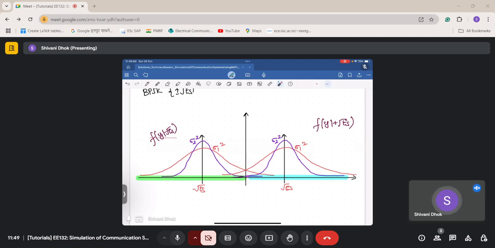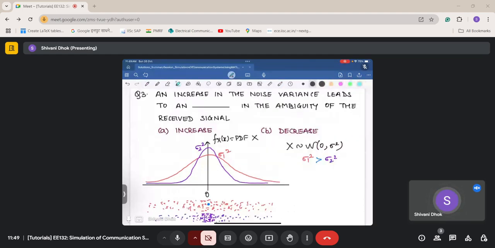So it is more likely that the value of y, which corresponds to your minus ES transmission, is detected as ES. So the ambiguity again is higher, which can be seen from this figure. So what we have seen is there is an increase in ambiguity. Is there any question here?